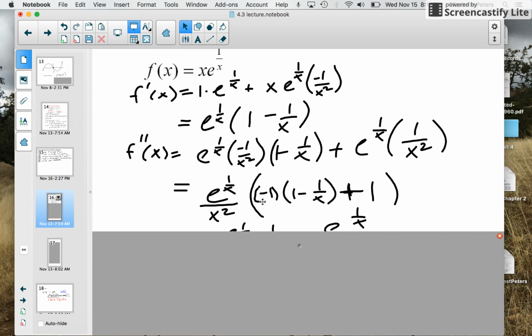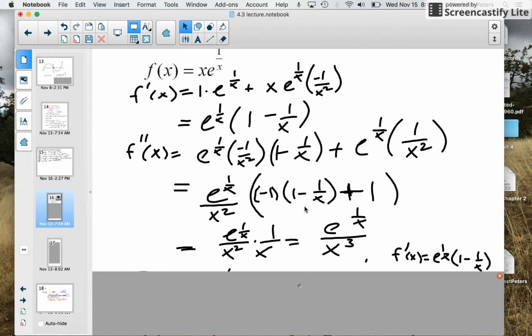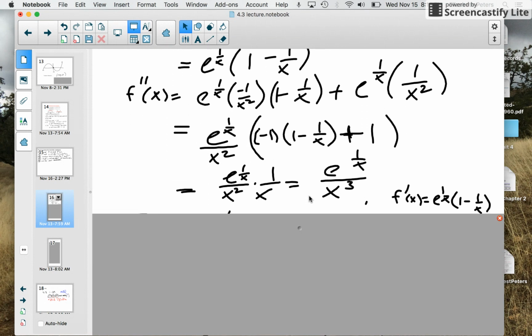We factored both of those out, which left us with negative 1 times 1 minus 1 over x plus 1. And then we can simplify that again, and we get here. Okay, so that's the second derivative.